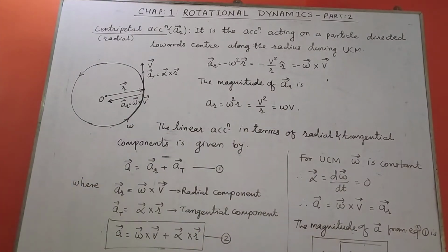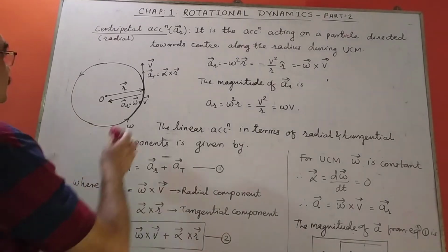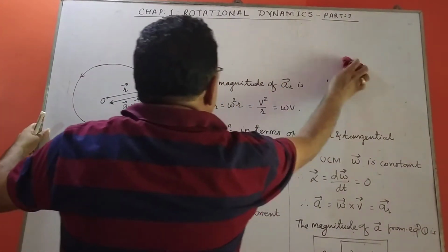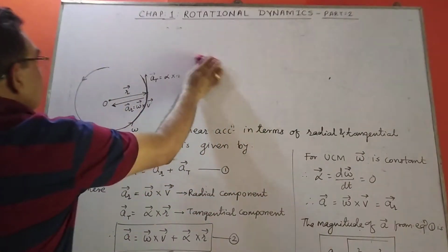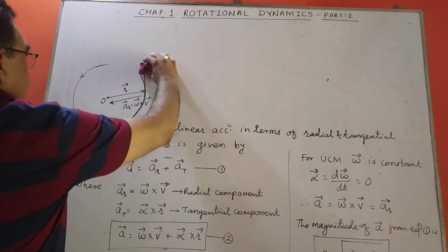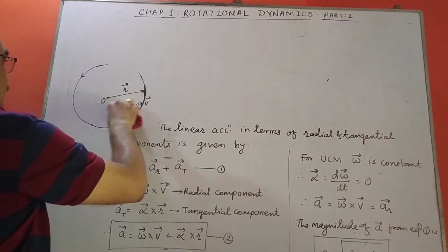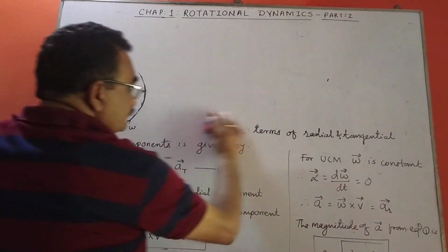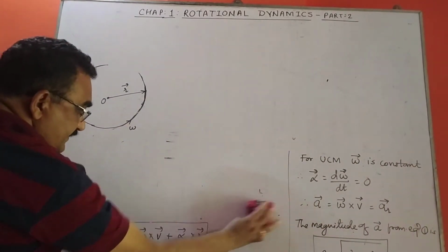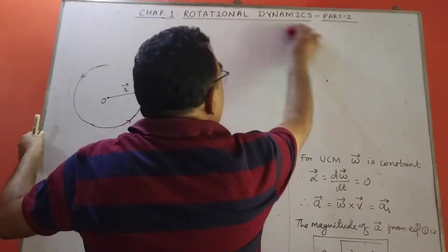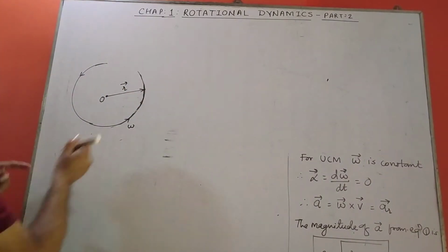Now see this carefully. This centripetal acceleration is acting on this particle, which is responsible for the circular motion.